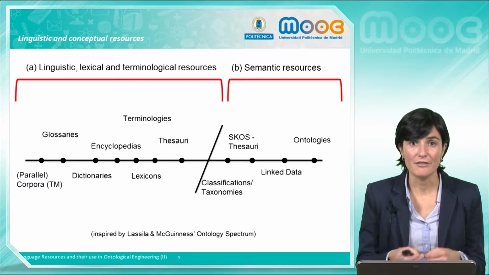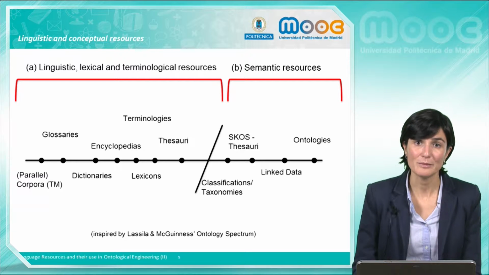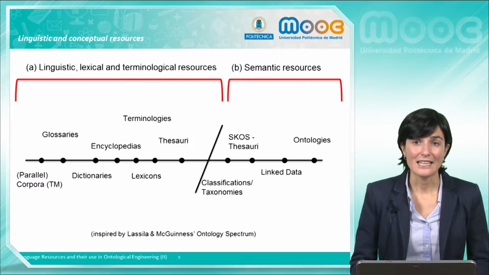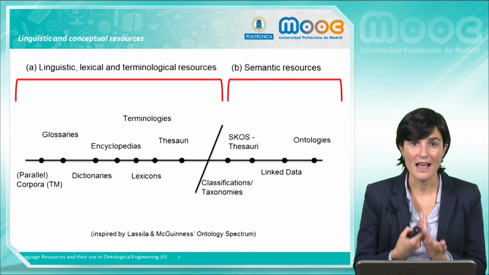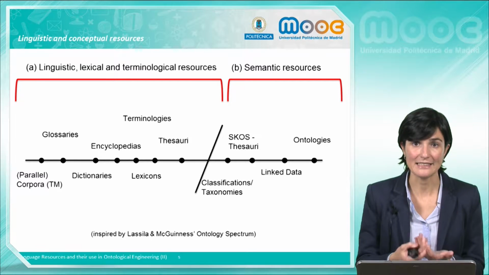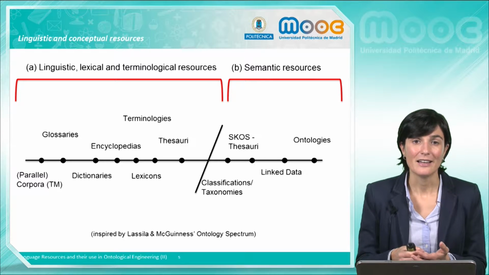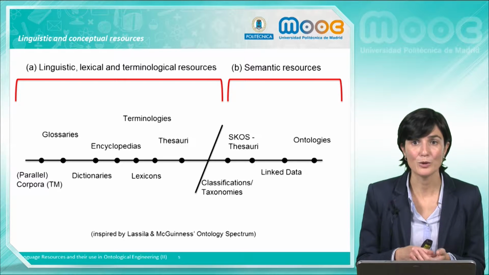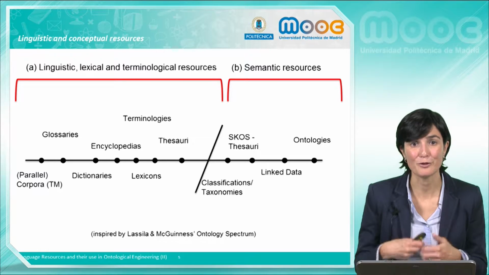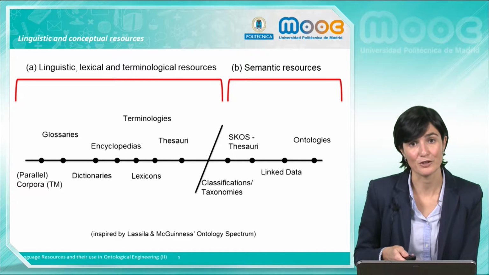In between, we have lexicons, terminologies, taxonomies, thesauri, and in the slides that follow, we will have a look at the information or data they contain from a reusability perspective, taking into account that our final aim is to make the most out of these resources for our ontology development project.